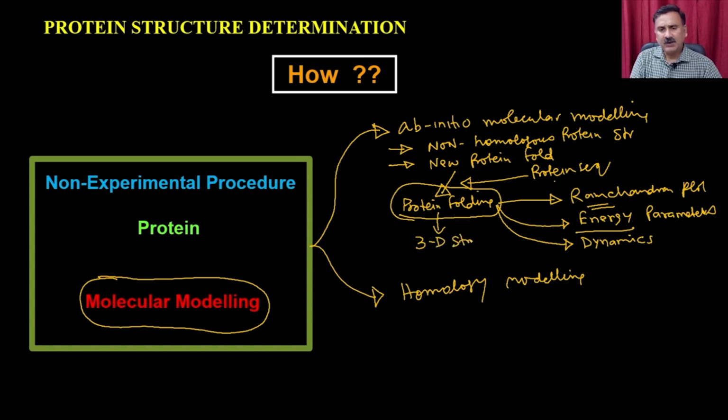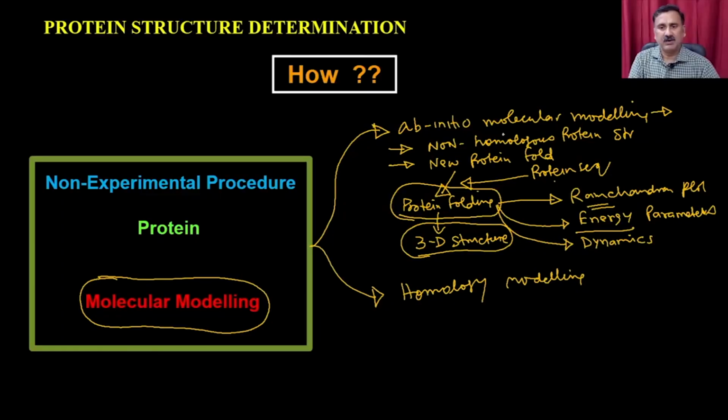So in today's lecture we are not going to discuss ab initio molecular modeling, because that is not very popular, because it requires extensive computational tools, and you can imagine that if you have a protein of 100 amino acids, it is very difficult to predict the protein folds, especially when it does not have homologous sequences and it is a new protein fold.